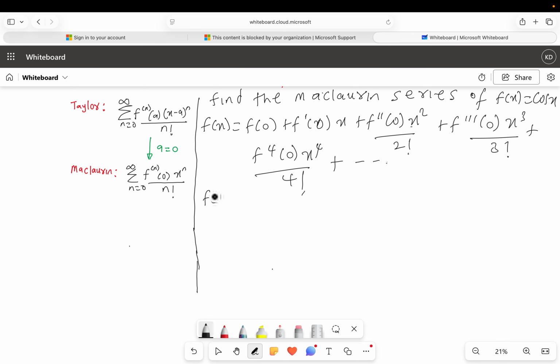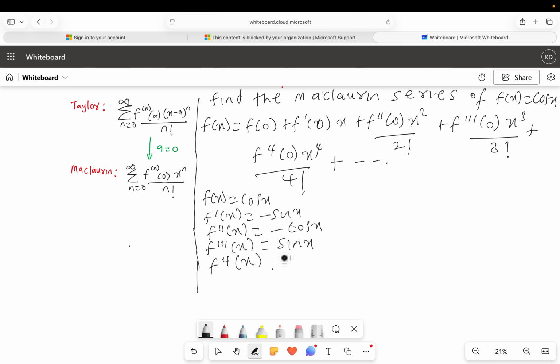My f of x is cos x. So I will have my f prime of x as minus sin x, then f prime prime of x as minus cos x, then f prime prime prime of x as sin x, then f4 of x as cos x.